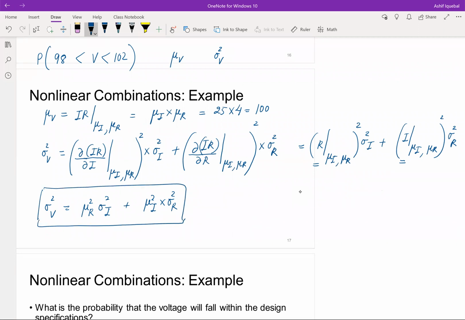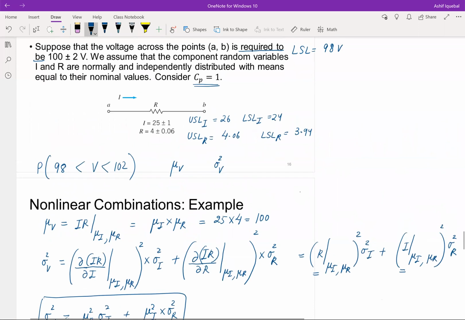But we don't have the values for sigma square I and sigma square R, right? We only have the upper specification limit and the lower specification limit for I and R. But there's an additional piece of information that is available to us, and that information is Cp equals 1.